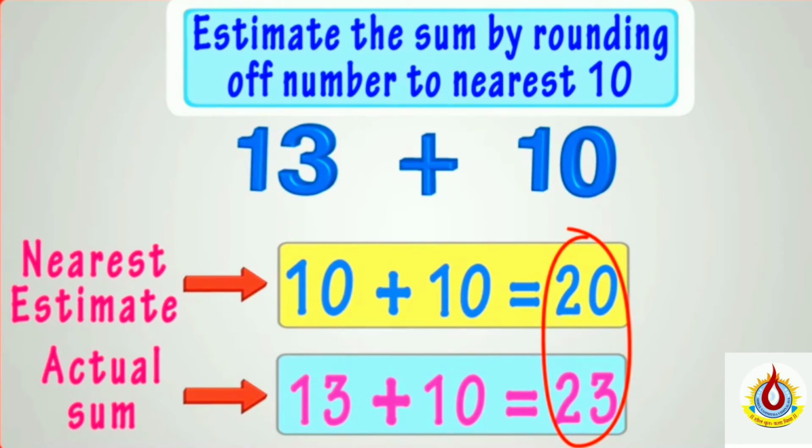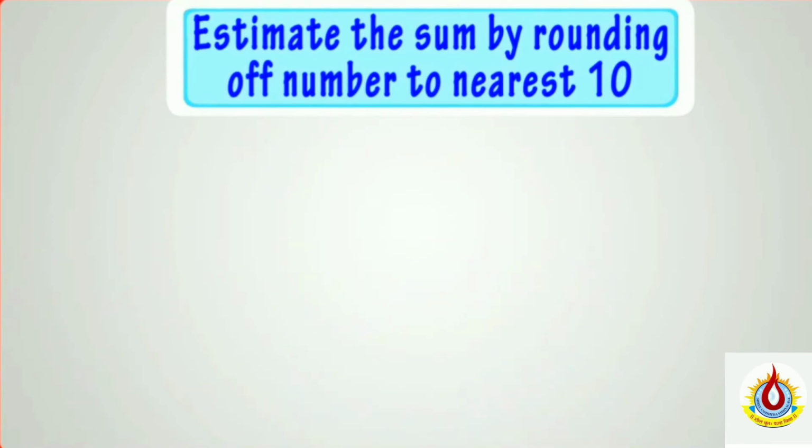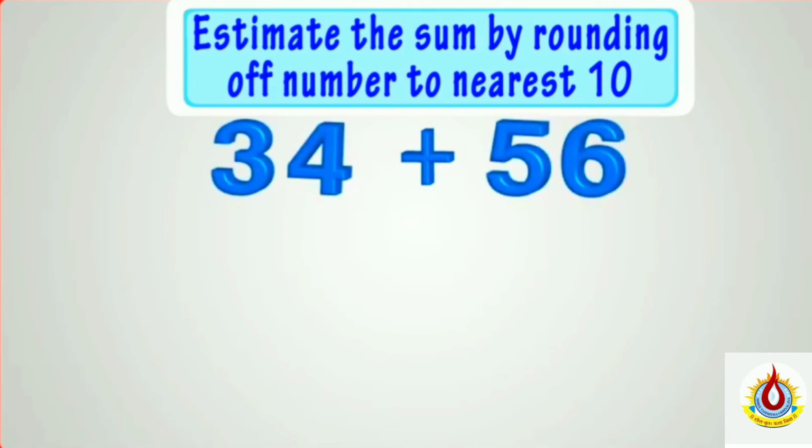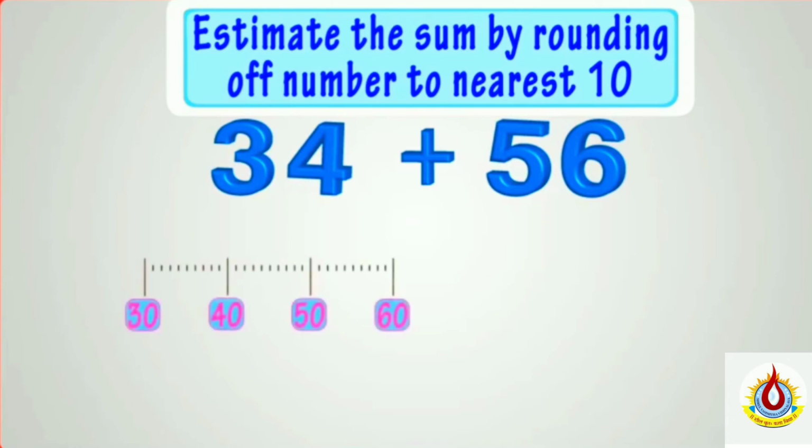Let's take another example, that is 34 plus 56. Let's round off 34 first. Let's place it on the number line and see if it is below or above the 5 mark. Yes, 34 is below the 5 mark, so we get 30 as an estimate. And we get 60 as 56 is above the 5 mark between 50 and 60.